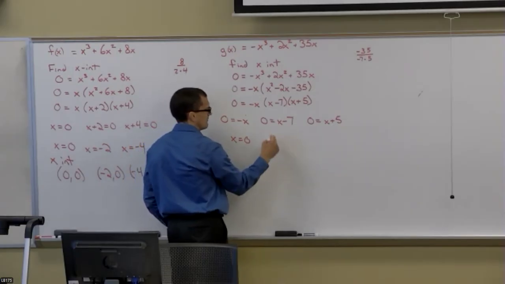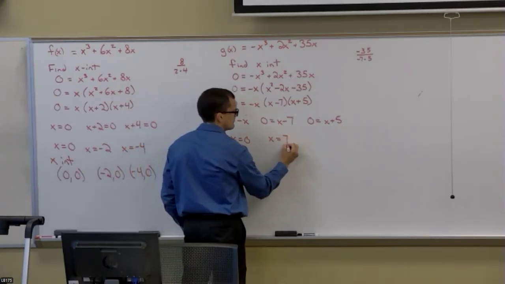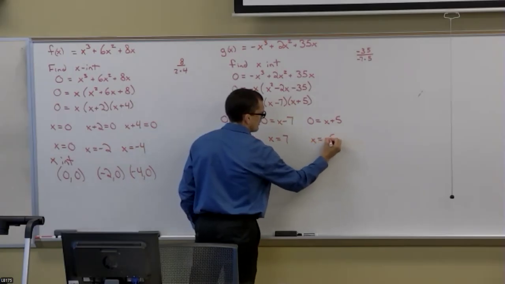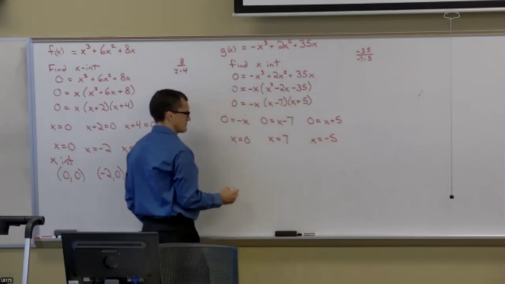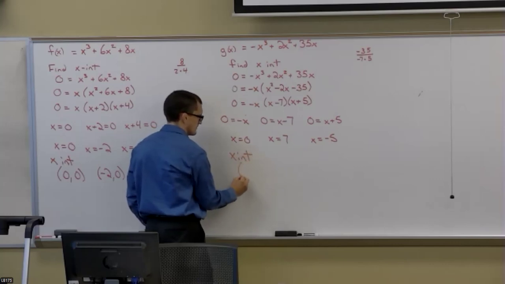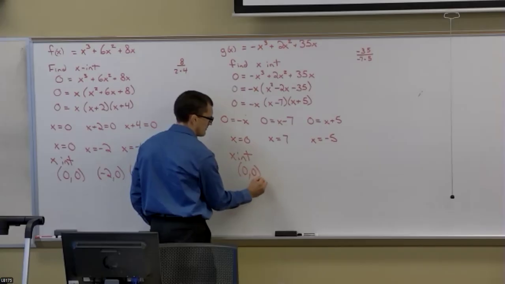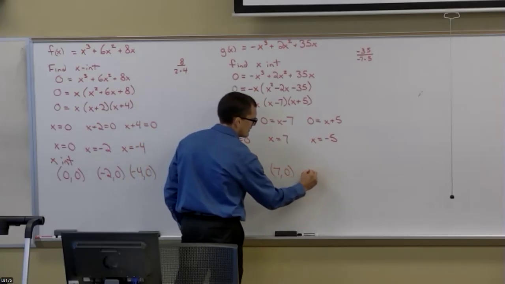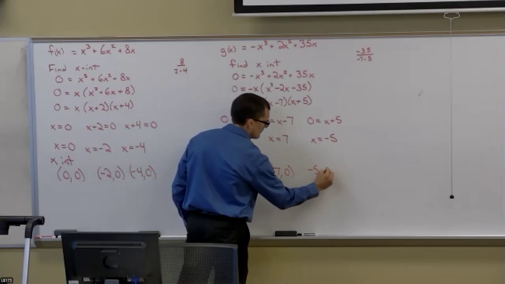On this one, add 7, you get x equals 7. On this one, subtract 5, you get x equals negative 5. And then the x-intercepts are the corresponding points: (0, 0), (7, 0), (negative 5, 0).